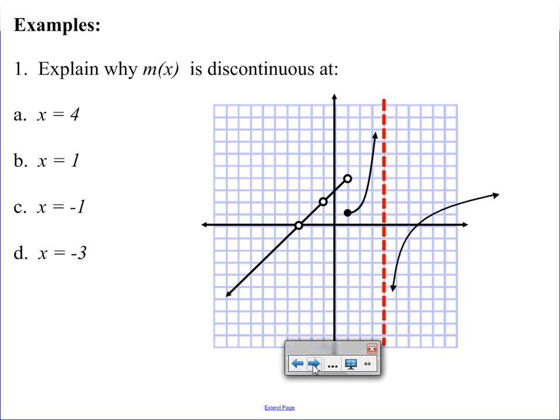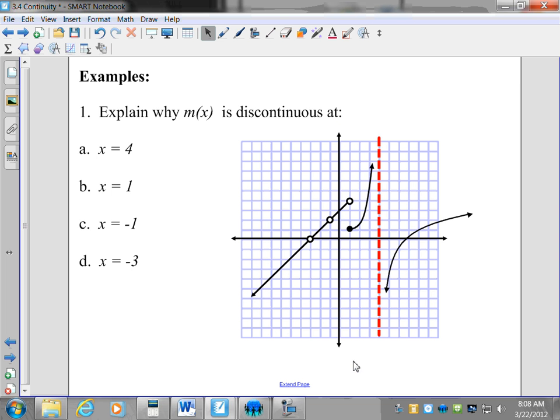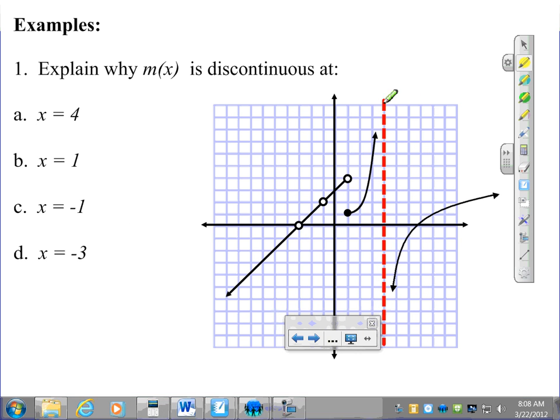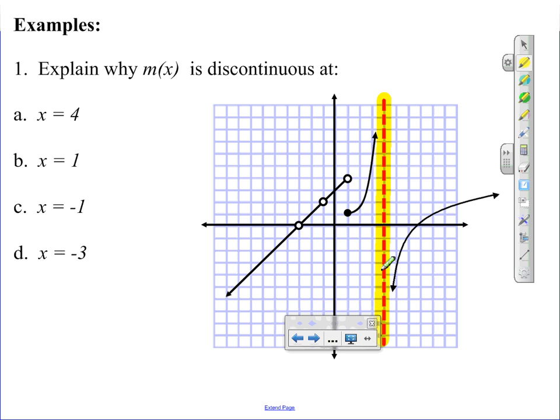Let's take a look at this example and talk about why they're not continuous. At 4, we're going to have a vertical asymptote, and that's not continuous, because a vertical asymptote is an infinite discontinuity. At x equals 1, on one side we have what looks like a quadratic or rational function.